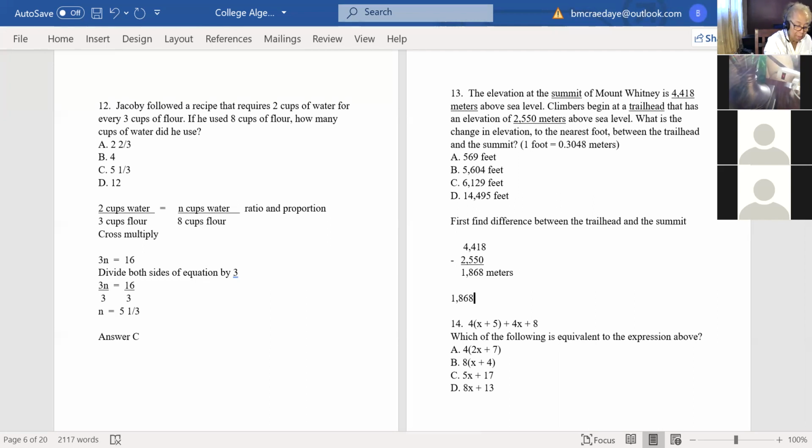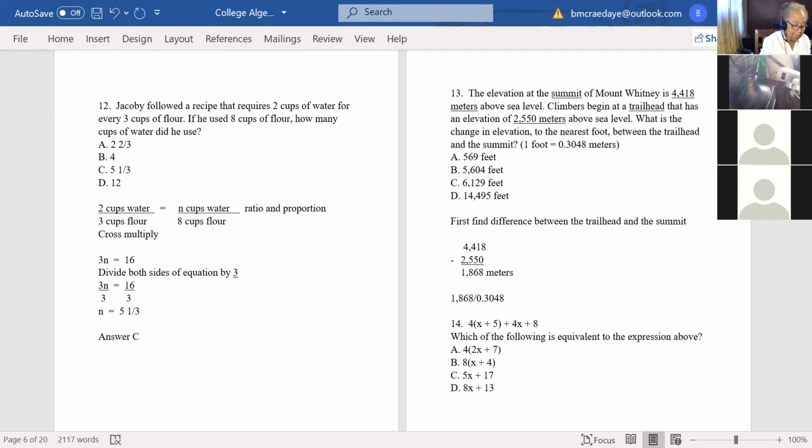Okay, let's see. 1,868 divided by 0.3048. Okay, now what's that equal to? It comes to 6,129.